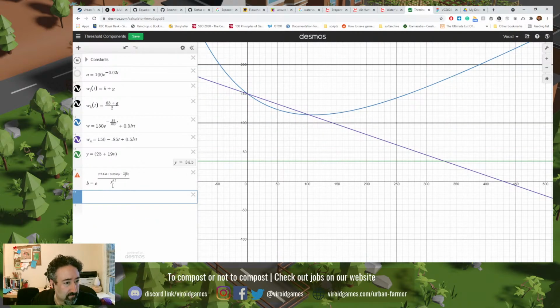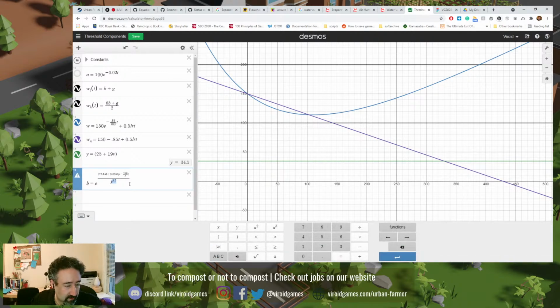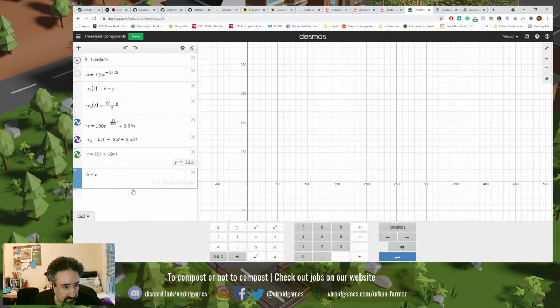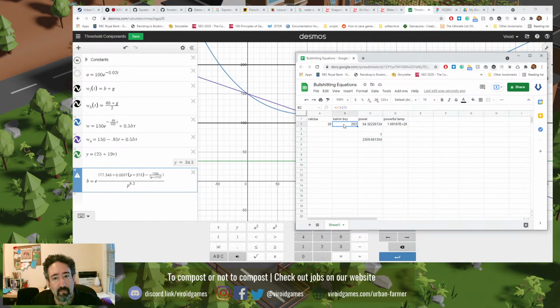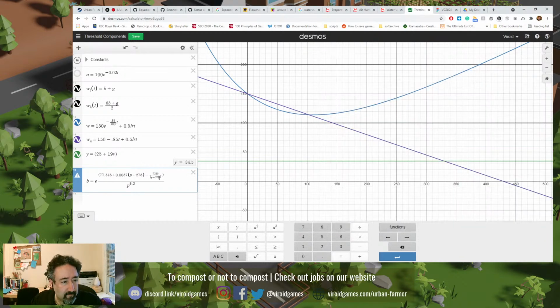Which means this nonsense can be undone. Thank you. This T is essentially temperature, but you have to add 273. This, okay. This is also going to be 273. Right? 273.